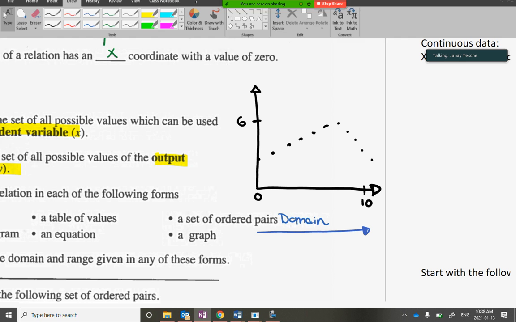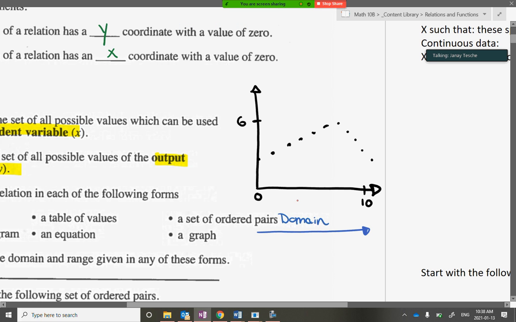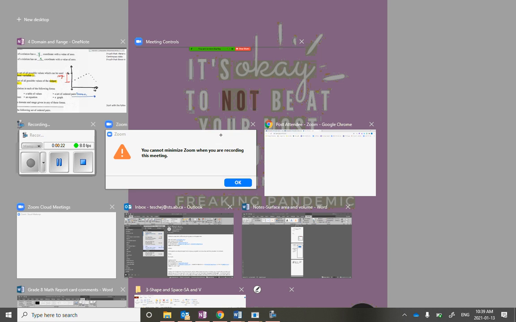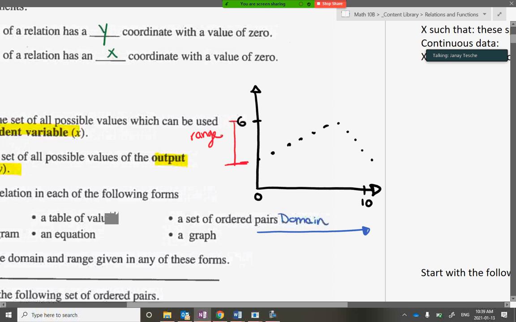Versus my range, specifically here, is only from this point to this point, right? There's no values that go below that. So that's our range, or the y values, the vertical portion of it. So it's just two different ways to discuss your graph and values within your graph. There are very different ways that you can write this out.